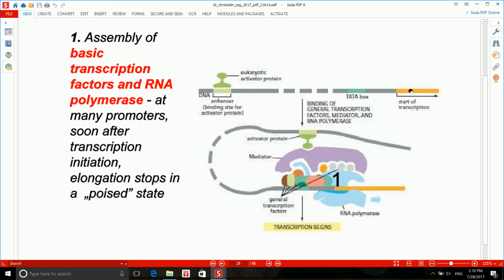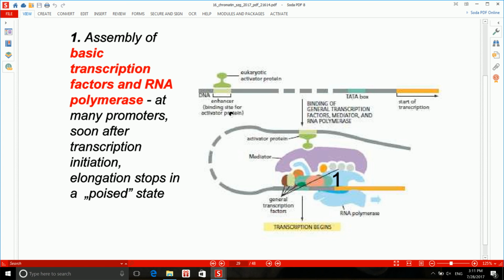For starting of transcription, what do we need? The thing you probably know, all of you, is RNA polymerase. So RNA polymerase needs to bind to these promoters to start the transcription. But the problem is RNA polymerases usually cannot single-handedly find these promoters. They can't, because DNA is very big and they are just floating around, don't know where exactly to bind. And that is where the action of enhancers and transcription factors comes into play.